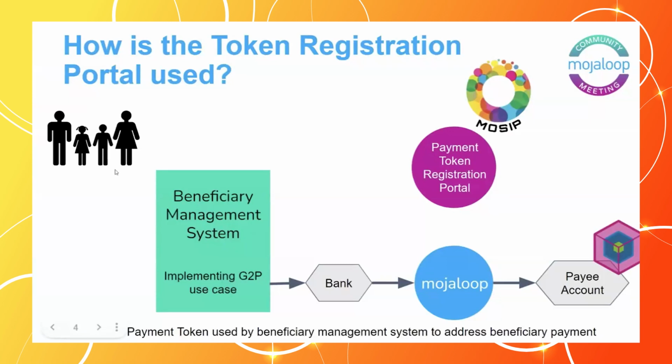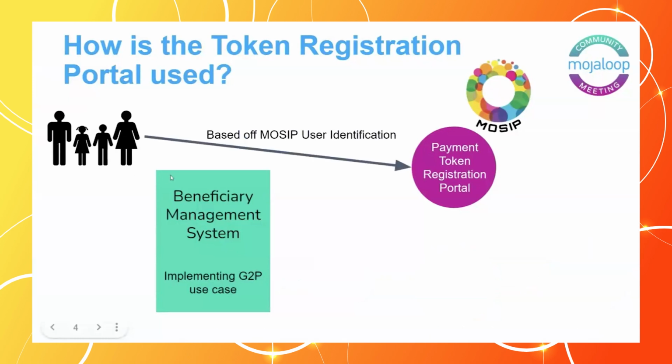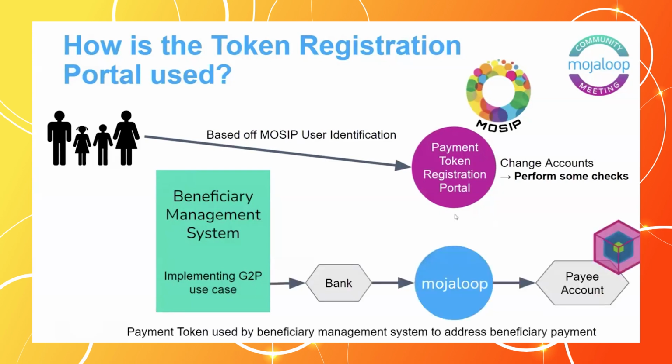And the reason why it's significant is the beneficiary can now go directly to the payment token registration and leverage the same login user identification method that we get from MOSIP, and then change their account information, and we'll perform the same set of checks that we did when we originally put that token together. The beneficiary can reset that token to new account information. And then that payment token will continue to work, but now be redirected to the new account.